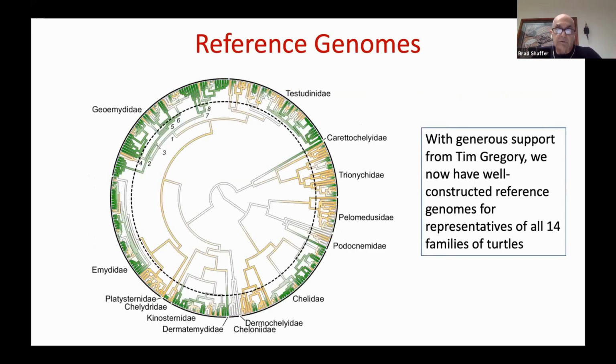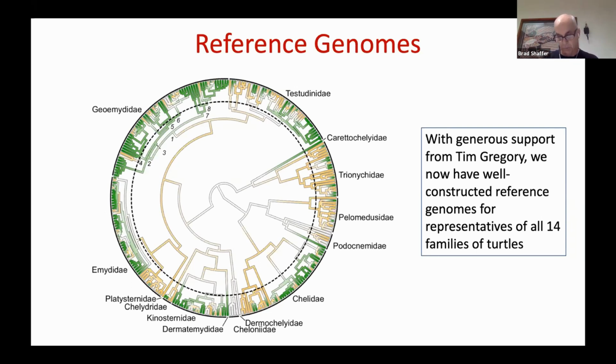So in terms of those reference genomes, this is a phylogenetic tree, a circular tree for turtles from a paper that we have under review right now that Bob Thompson's the lead on. He'll be talking about it in a later session of the TSA meetings this year. And with some very generous financial support from Tim Gregory, we now have a well-established reference genome, the kind of thing that Peter was talking about for Terrapene triunguis, for every one of the 14 families of turtles.